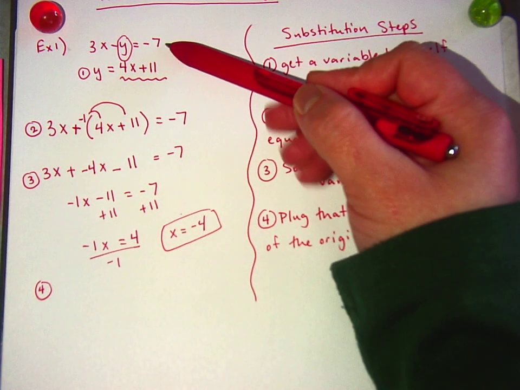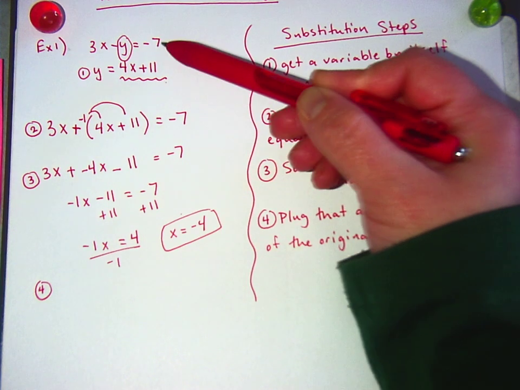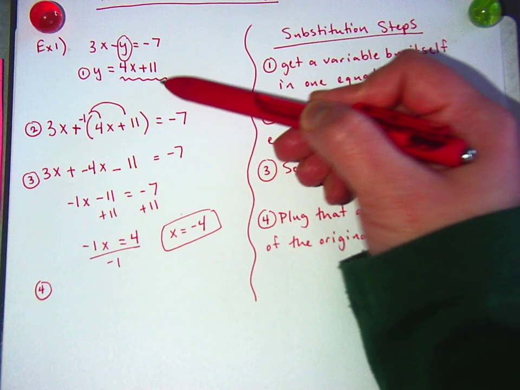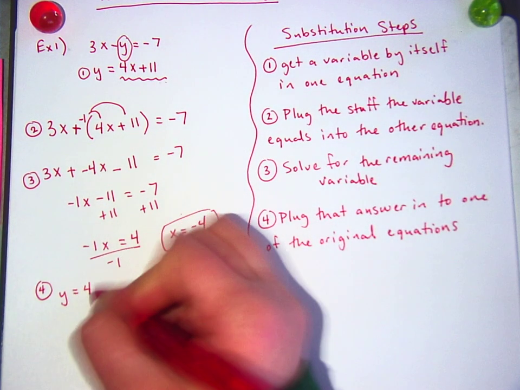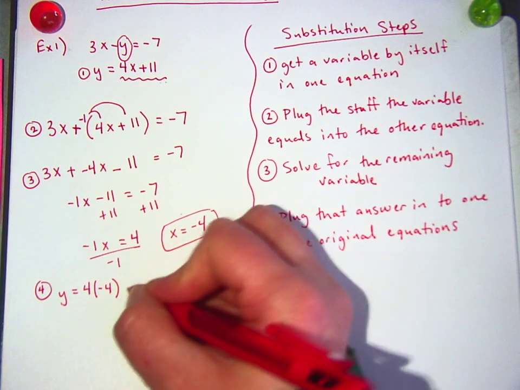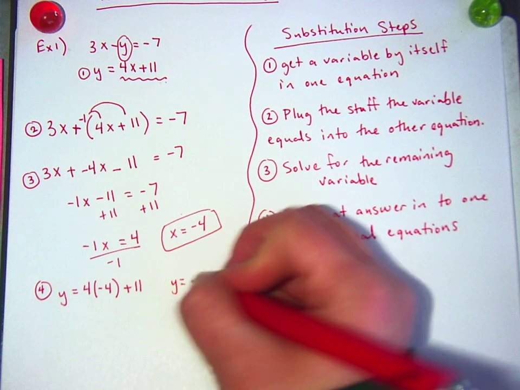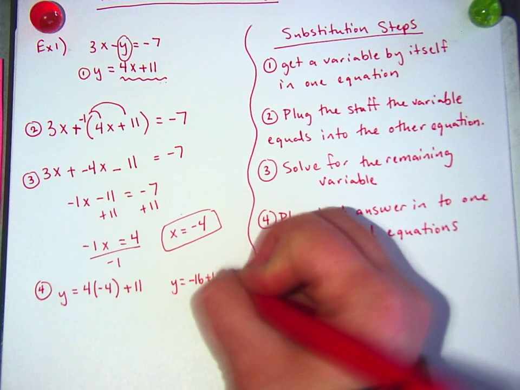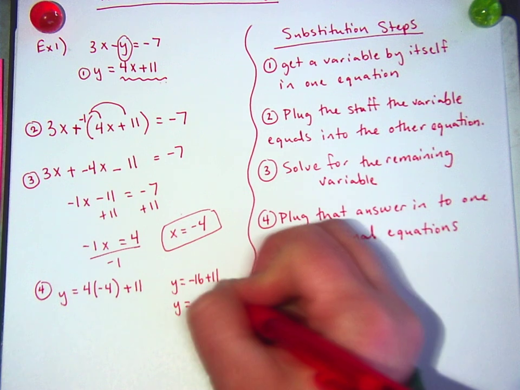Top one or the bottom one? To plug x into and solve. Bottom one? So y equals 4 times negative 4, because we figured out x was negative 4, plus 11. So now I get y equals negative 16 plus 11, which means that y is negative 5.